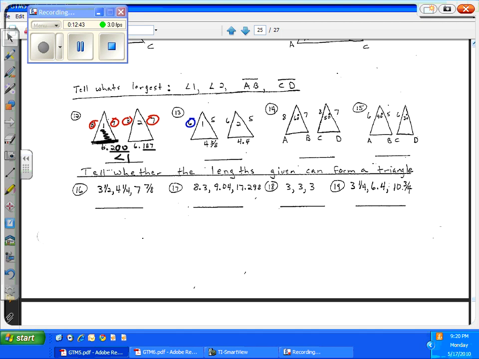Again, given that two sides of one triangle equal two sides of another, the triangle with the larger third side will have the larger included angle. And we're going to have to compare as decimals, so we're going to take that 3, the fraction bar means divide, by 8.